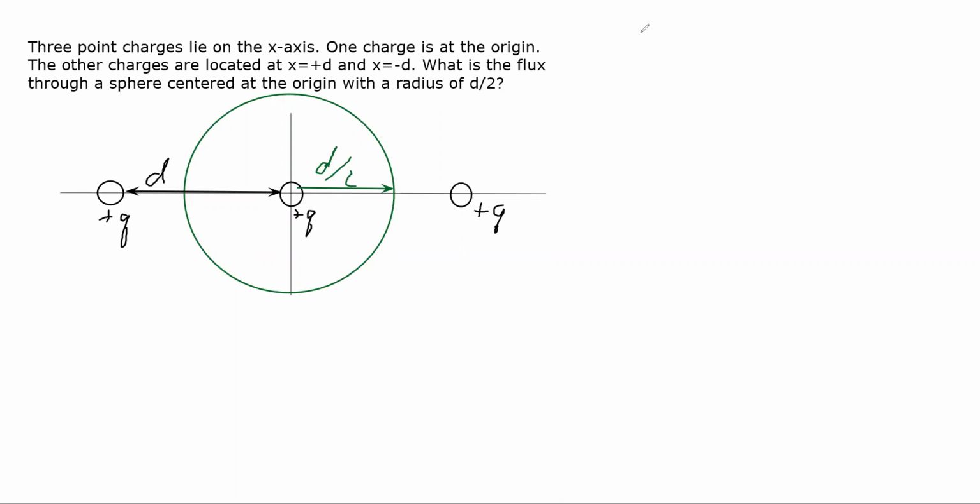So the first question I want to answer here is, how do we find the flux for charges on the outside of a sphere? Okay, so let me draw this one, the positive one on the right. Let me just redraw that down here on the bottom. And I'm going to draw my Gaussian surface again, but this time just the surface itself.